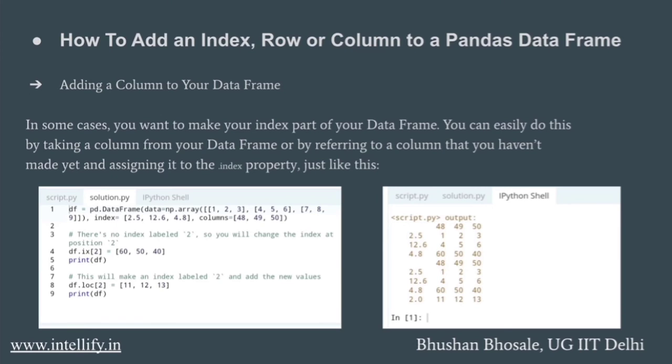However, if you want to append columns to your data frame, you could also follow the same approach as when you would add an index to your data frame. You use loc or iloc. In this case, you add a series to an existing data frame with the help of loc.